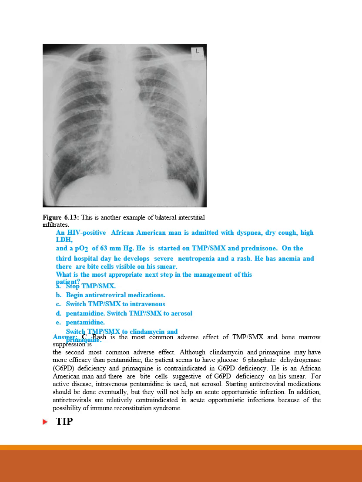On the third hospital day, he developed severe neutropenia and rash. He had anemia, and on a blood smear bite cells were seen. The question is, what is the most appropriate next step of management of this patient?